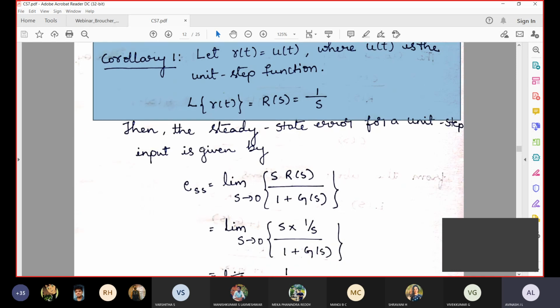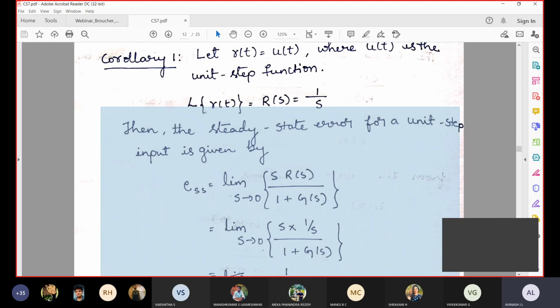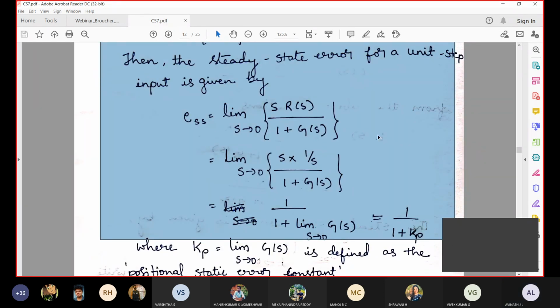Now write down this one. It's very simple. Then the steady state error for a unit step input is given by ESS equal to limit s tends to 0, s into R of s divided by 1 plus G of s.